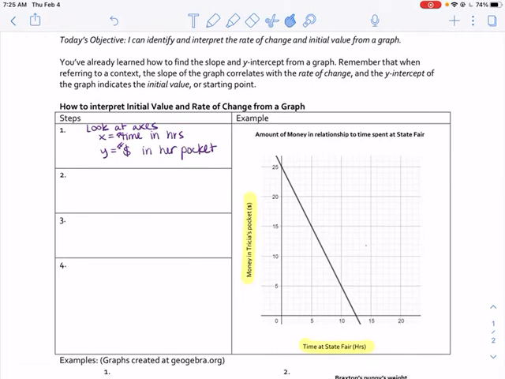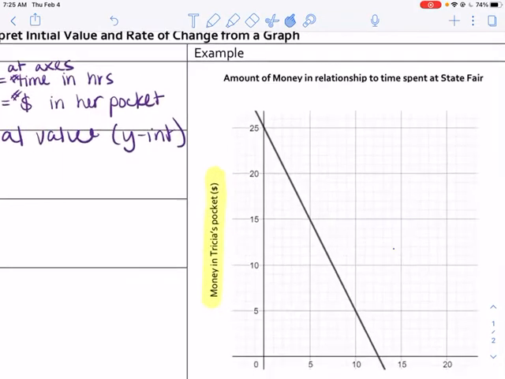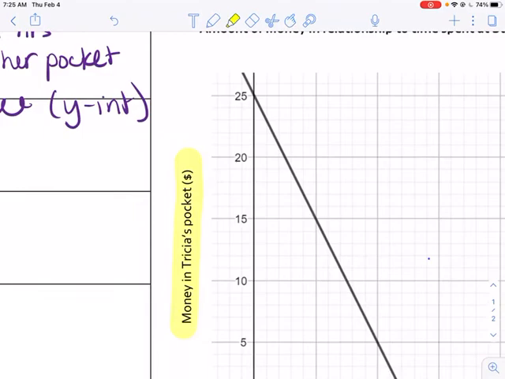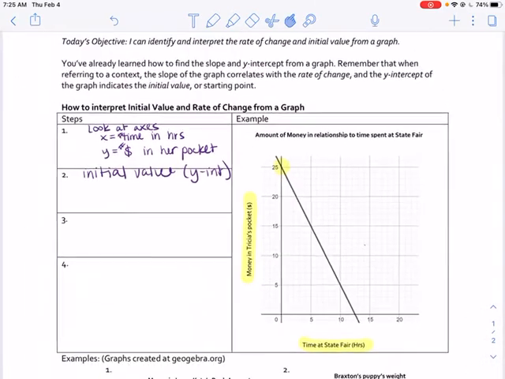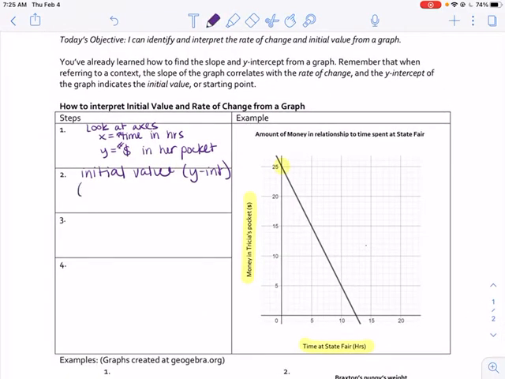Then I would identify the initial value first because it's easiest to tell. Remember that initial value is another word for y-intercept, but it gives us a clue that that's the starting value. So our initial value here is 25. I'm going to write it as a point. It's 0 as my x value and 25 as my y value.